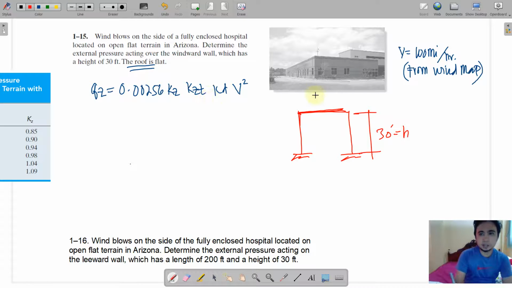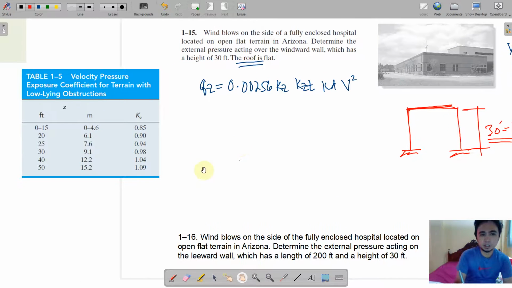This is the mean height h. And then kzt, or from this, we are going to have a calculation for kz for a height lesser than 30 feet based on the table 1-5. So sa table 1-5, we are going to consider yung mga height na mas mababa sa 30, and that will be our range in computation of the windward wall.